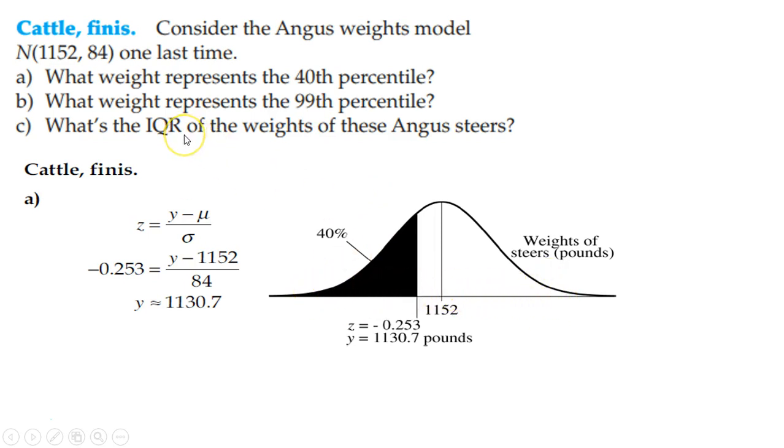And then the interquartile range, remember, is between 25% and 75%. So by them saying that, I need to find what that 25% and below is, the 75% and below is, and then I can figure out what those numbers are and find the range between them. So when I come back, I will go over that, and we'll figure out those answers.